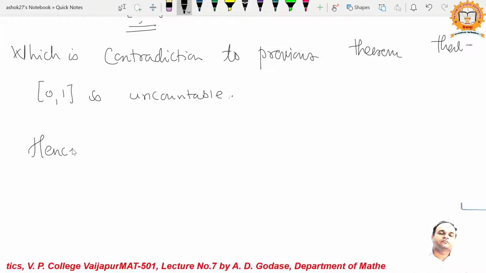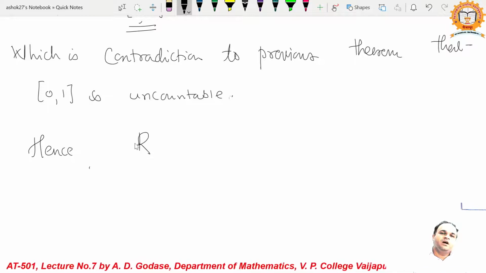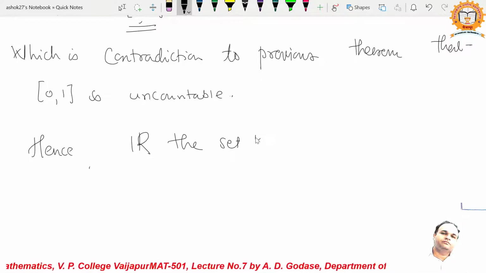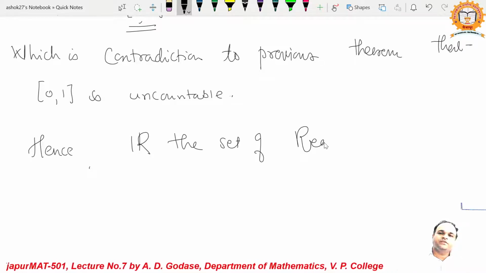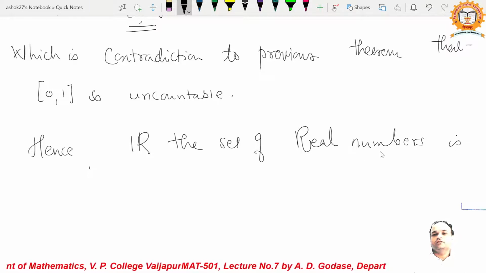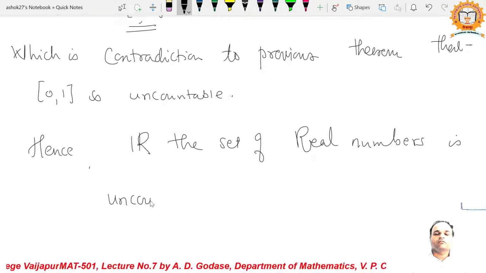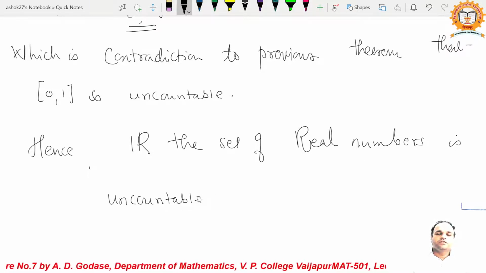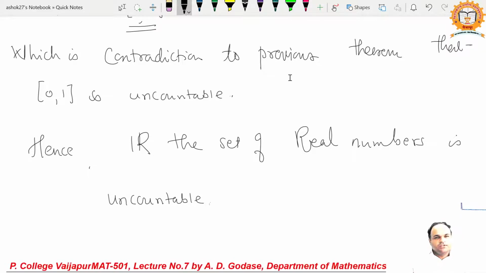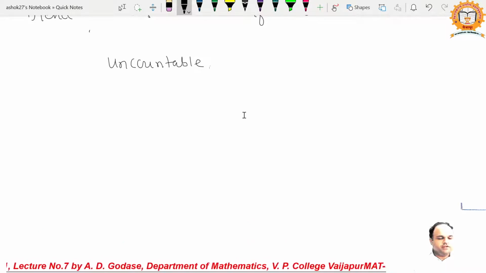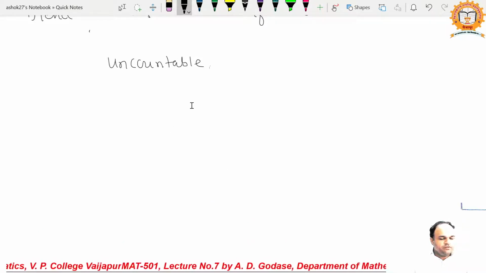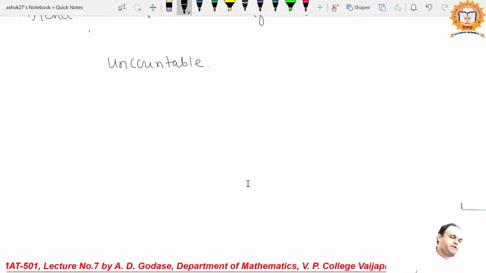Hence R, that is the set of real numbers, is uncountable. So this is the proof of this corollary, which is straightforward. In the same way, you can prove that the set of irrational numbers is uncountable, and after that, we'll define algebraic numbers.